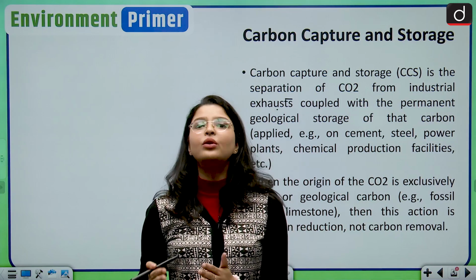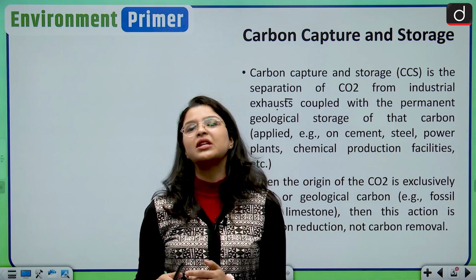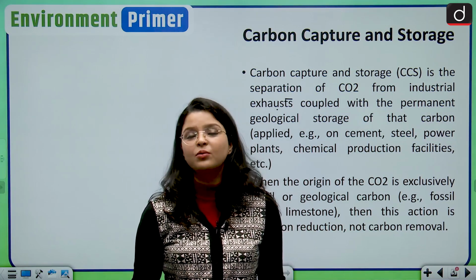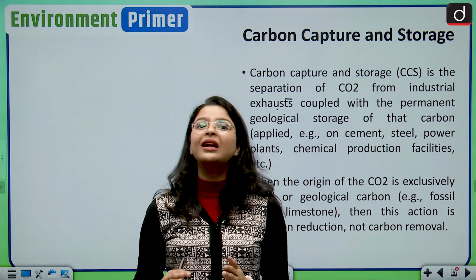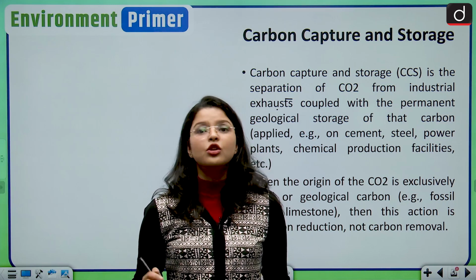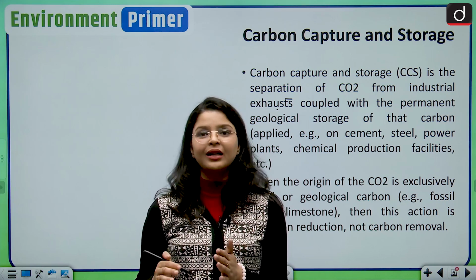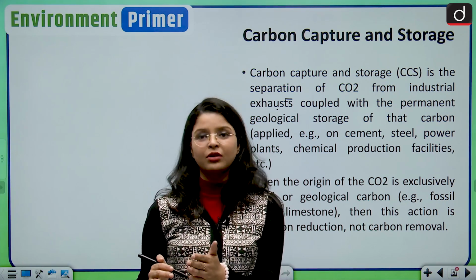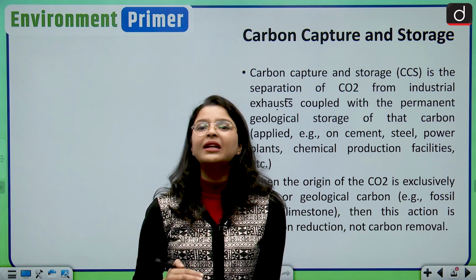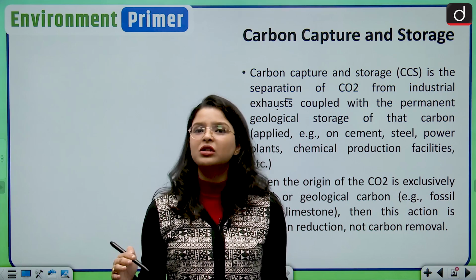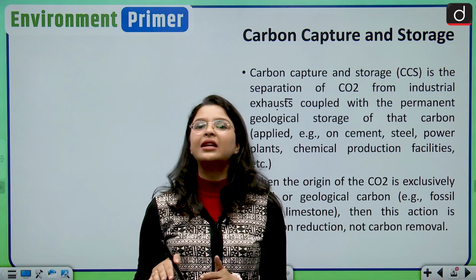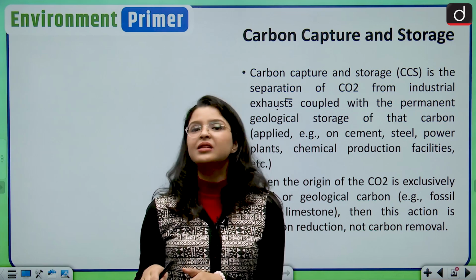If I try to explain this term carbon capture and storage, or CCS, in very layman terms, it means that you are targeting the carbon dioxide at the very source point of it. You are targeting the source of emissions of carbon dioxide, and you are completely removing carbon dioxide from that source itself, and then you are channelizing that carbon dioxide inside the earth.